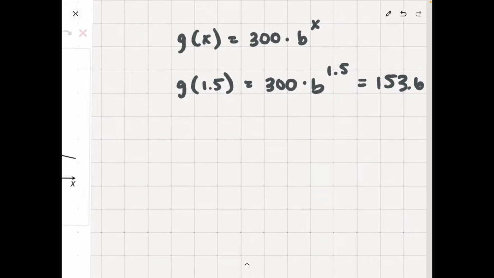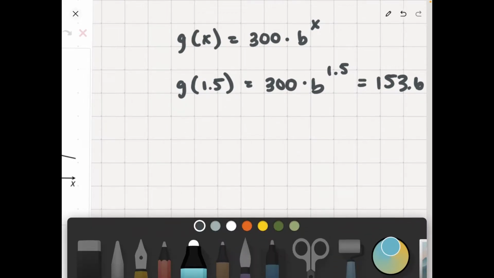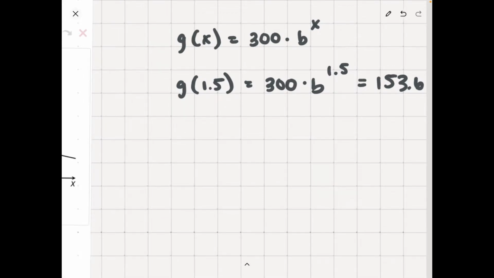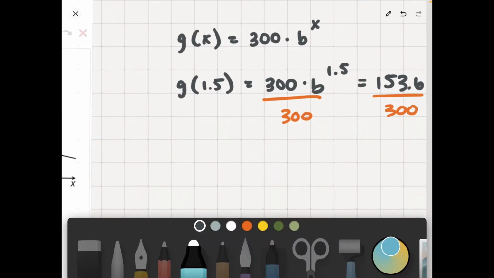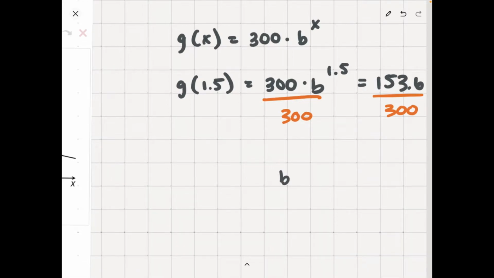So the first thing we've got to do is divide both sides by 300 to solve, right? We're going to divide by 300, divide by 300. And so I end up with b to the 1.5 is equal to, let me get my calculator so I can divide this, 0.512.